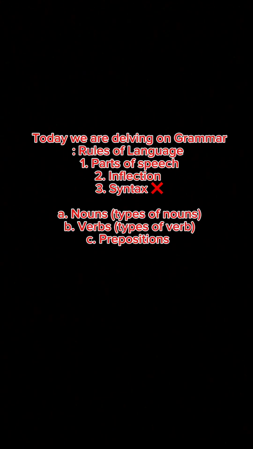And then we have many types of nouns. So in this tutorial, I will just mention 7 types of nouns, which are common nouns, abstract nouns, collective nouns, proper nouns, compound nouns, countable as well as non-countable nouns.